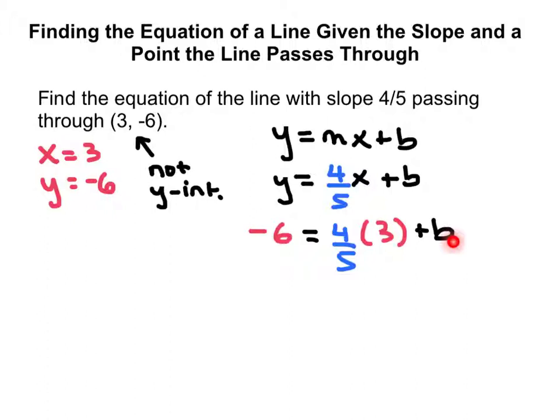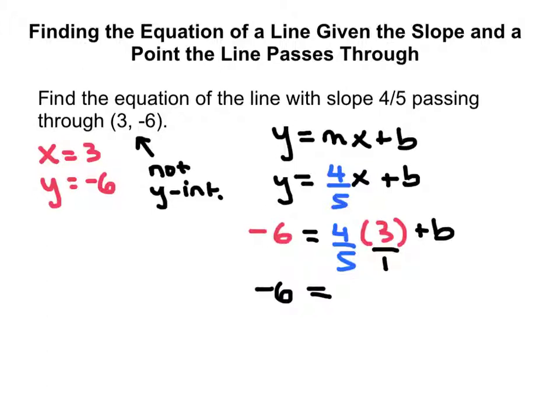So we're going to want to simplify the right side and see if we can solve for b. If I simplify the right side, we want to multiply by 3, so we have to put the whole number over 1.